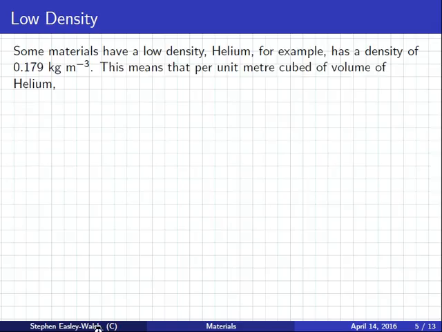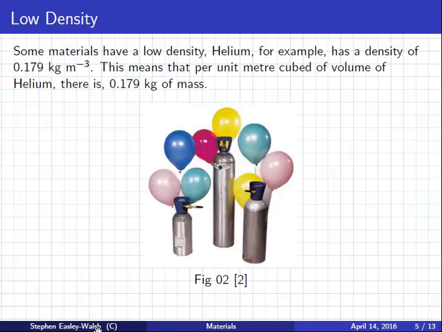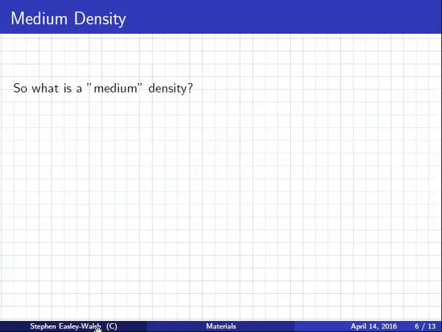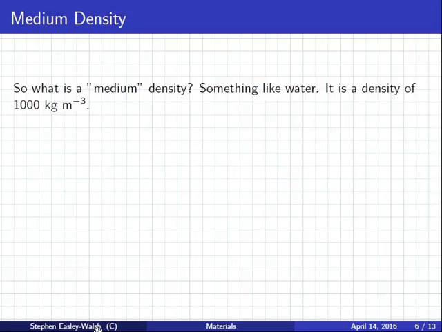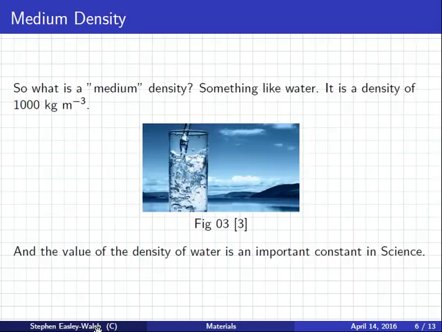Anyways, helium is a very low density material. Pretty small, right? Okay. So what's a medium density? I consider water a medium density, which is 1,000 kilograms per meter cubed. Actually, it's an important value in science, the density of water.